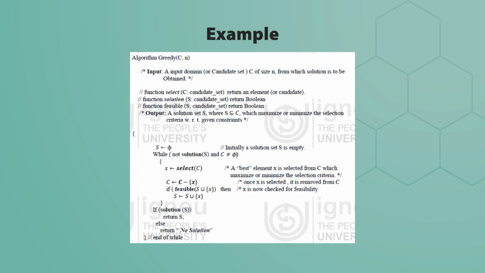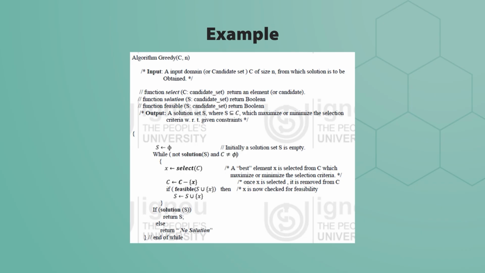Now if you check here, in the end you will get a solution set, and the solution set will be a subset of the candidate set. You will start the solution set S with the empty set, because initially it does not contain anything. Now you have to take a loop until your solution becomes true, or the candidate set becomes empty. Firstly you will take up an element and run the function select.